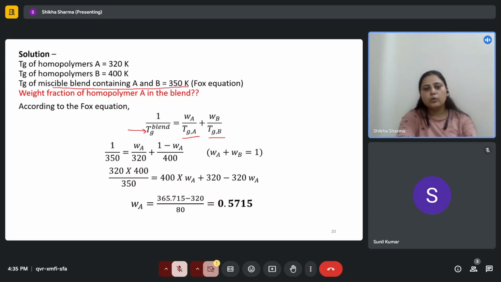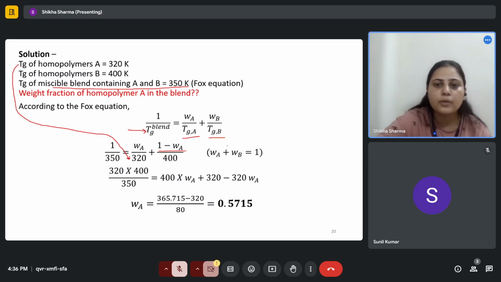So we can put 1 upon 350 is equal to the weight fraction of homopolymer A, which is WA, divided by 320, the glass transition temperature of homopolymer A, which is 320 Kelvin, plus 1 minus WA, since the weight fraction of homopolymer A plus the weight fraction of homopolymer B is equal to 1.